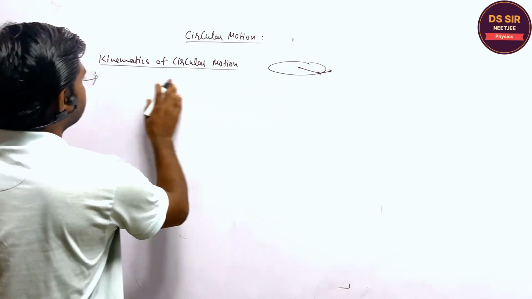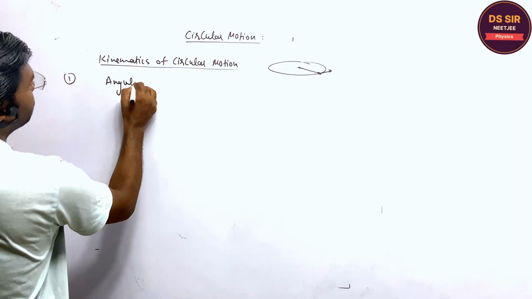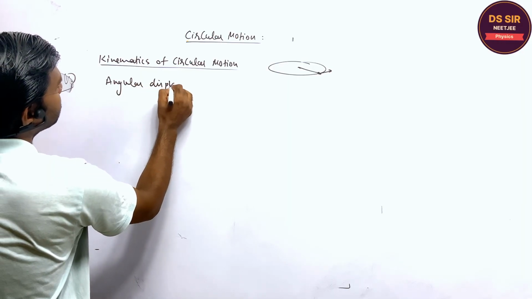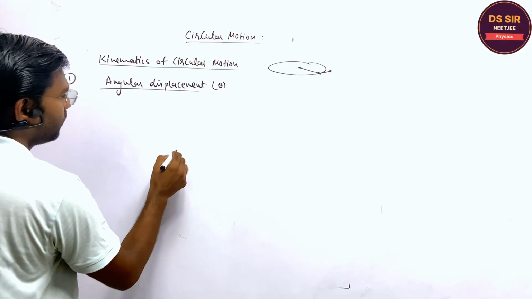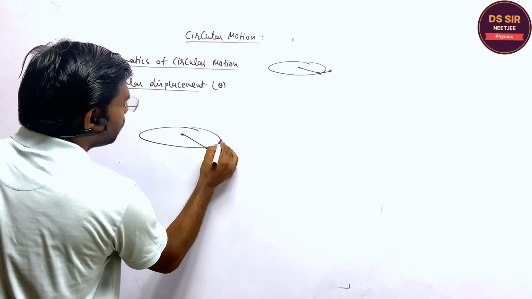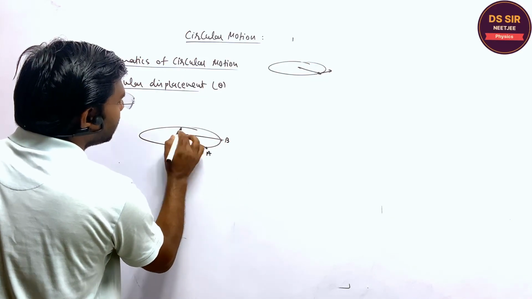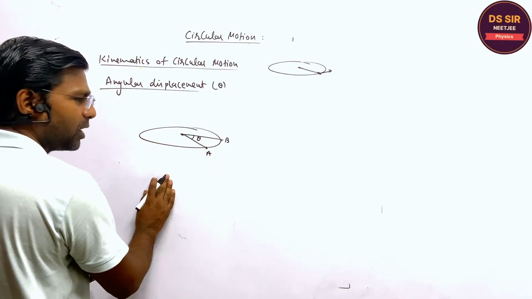First definition is angular displacement. What is angular displacement? Suppose this is a particle, it moves from point A to point B. The angle made by the particle at the center is called the angular displacement.